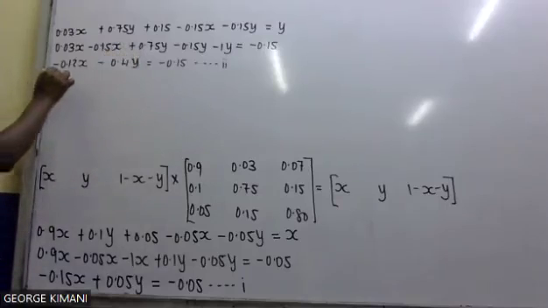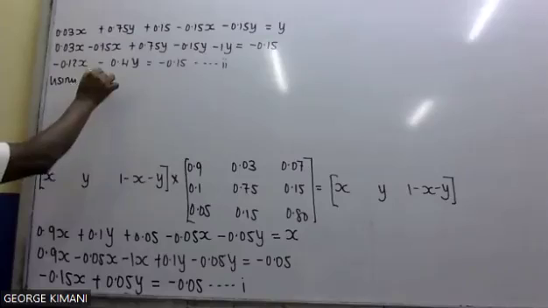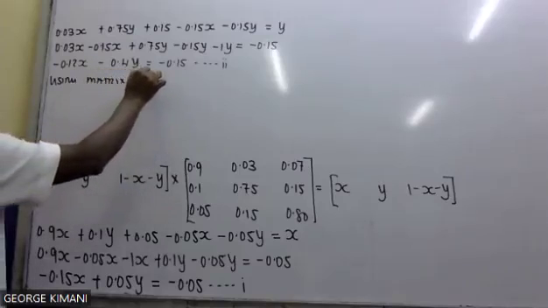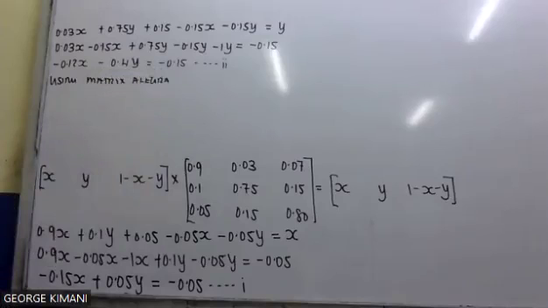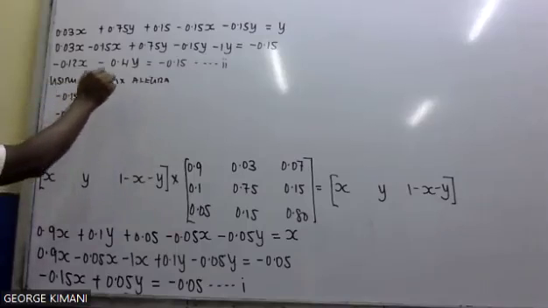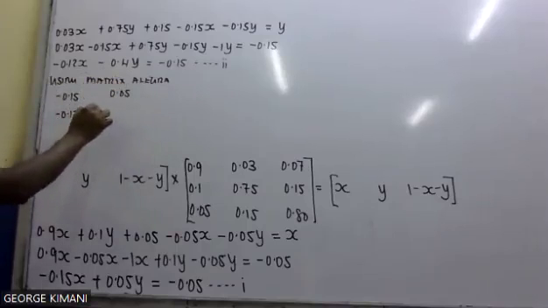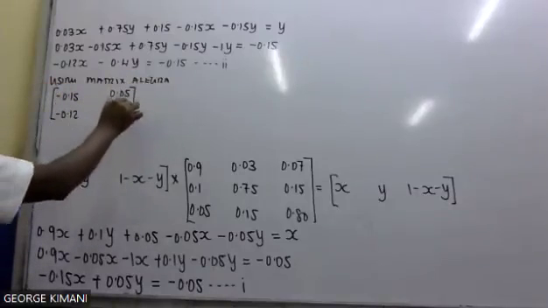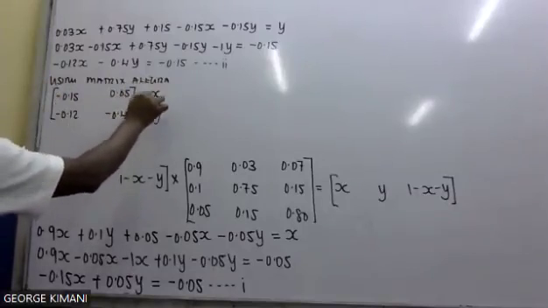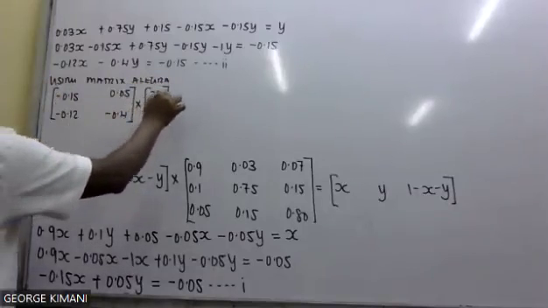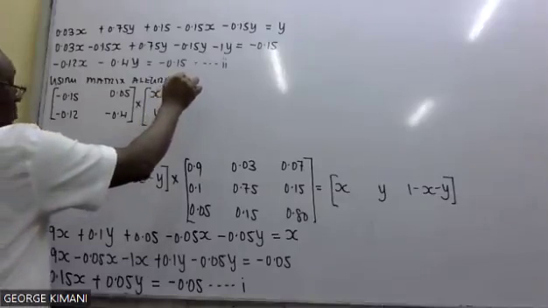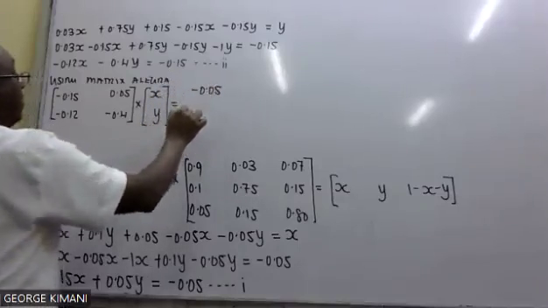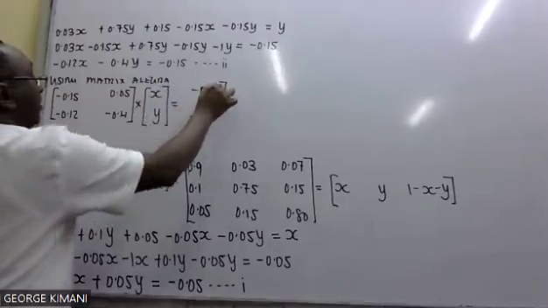Now using matrix algebra to solve. Using matrix algebra, we create the matrices: minus 0.15, minus 0.12, 0.05, minus 0.4, multiplied by x, y here should be equal to minus 0.05, minus 0.15.